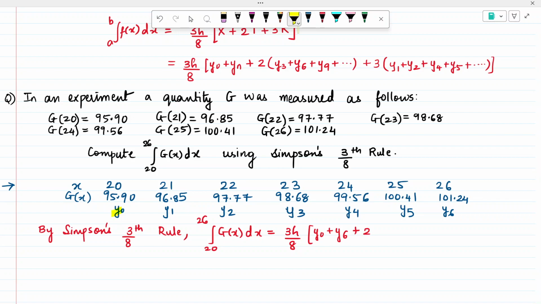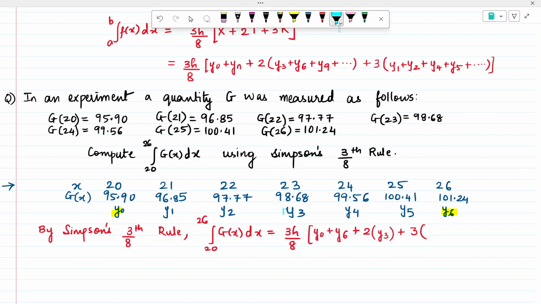In multiples of 3, what is already counted we don't take again. You will not take y0 and y6 there. So which multiple of 3 is remaining now? y3. Correct. Only y3. Only one term is left. Nothing beyond that.